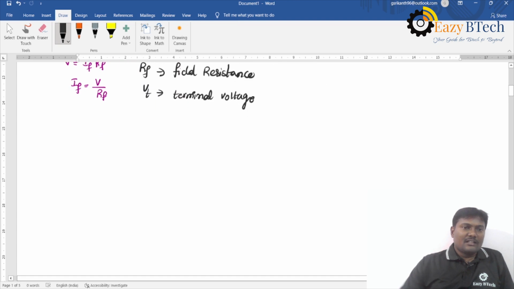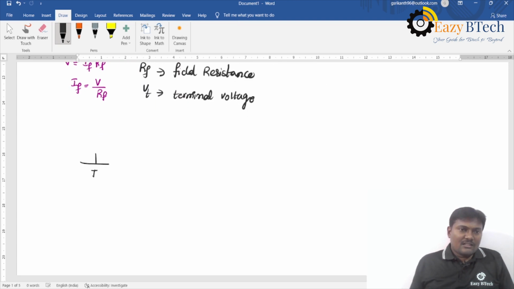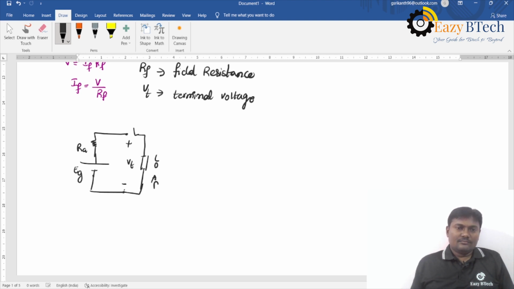So I am drawing it separately. See, in an armature I have EG, the generated EMF, and the armature resistance is RA, and the terminal voltage is VT. Always the current flows from higher potential to lower potential. Higher potential is represented with plus and the lower potential is represented with minus. So apply KVL to this loop. Current entering the positive terminal can be treated as positive. You can follow any notation for easy understanding.